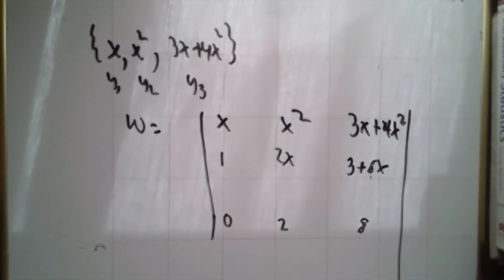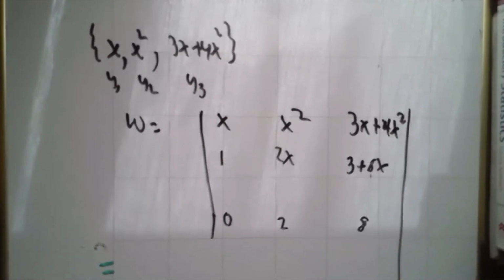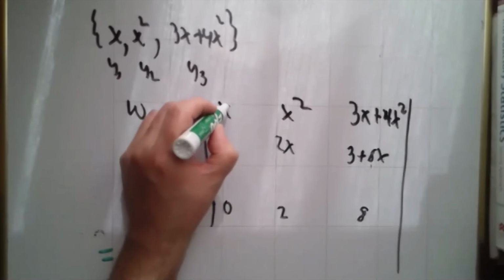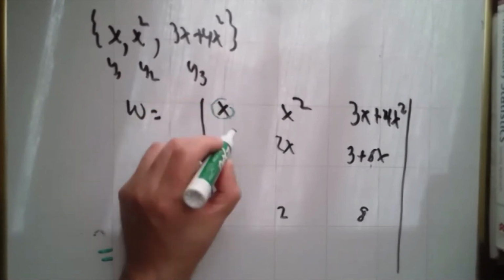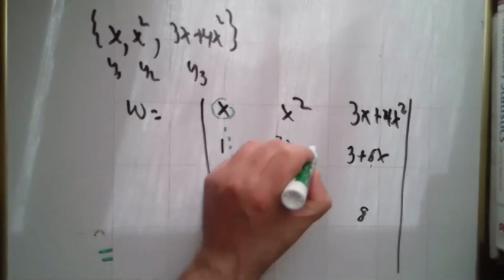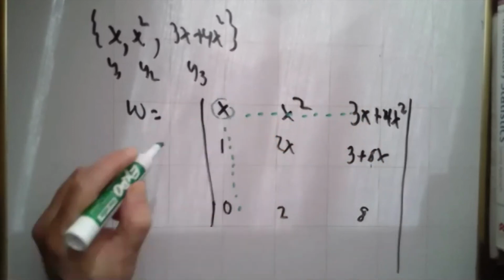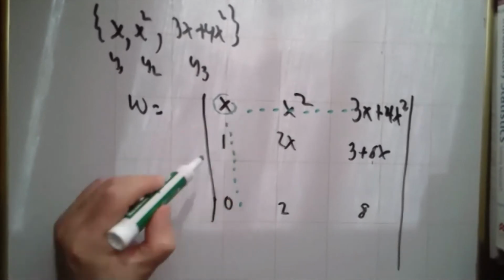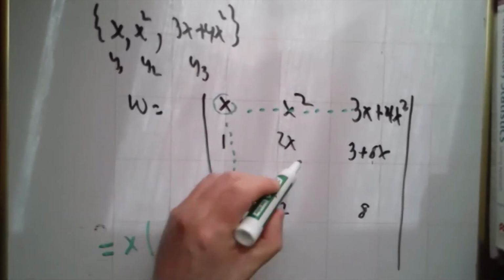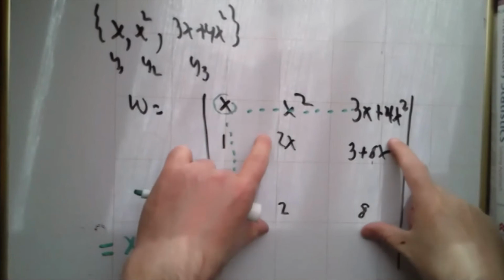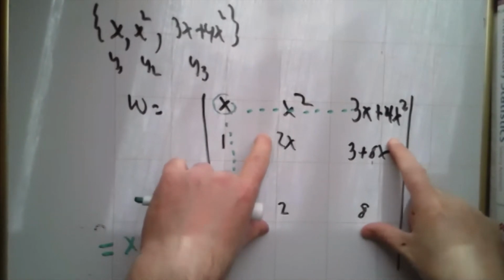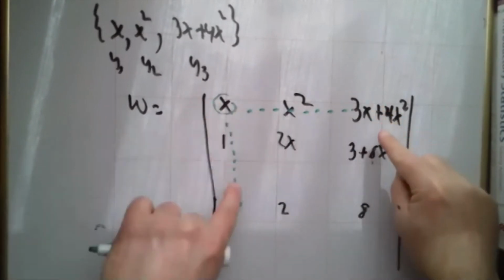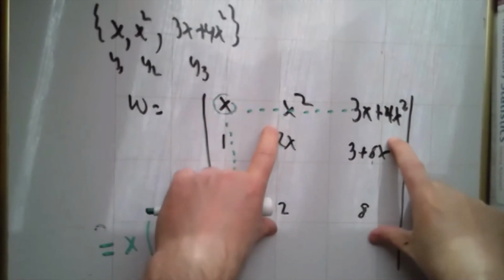So I'm going to do what's called expanding across the top row. So this will equal, first I take this guy, and in my mind, cross out his row and his column. So x, I wrote down that guy, times the determinant of these 4 guys that are left over. So I've crossed out this row and this column. I'm looking at this 2 by 2 submatrix here.